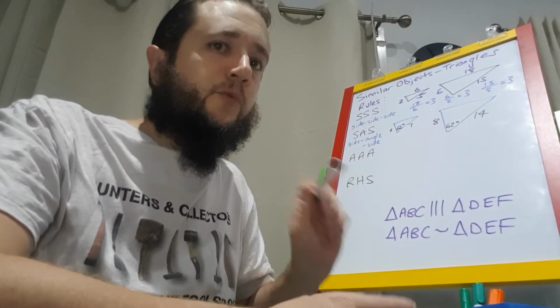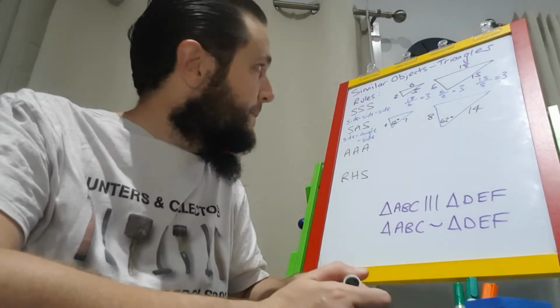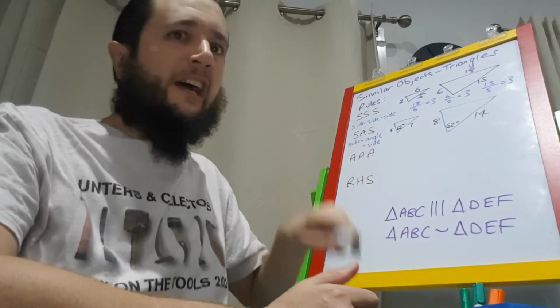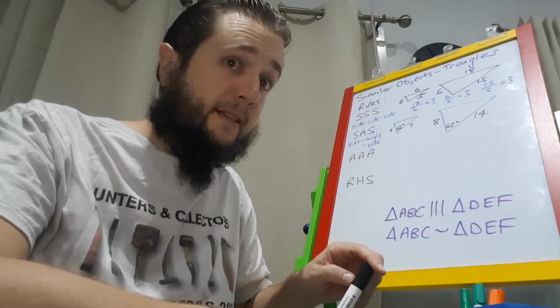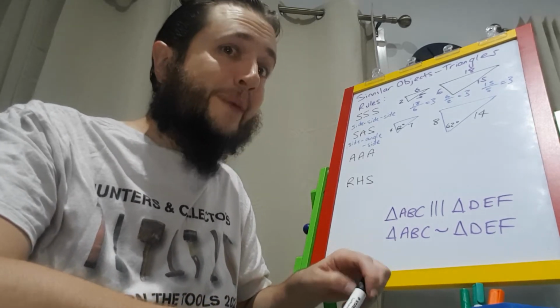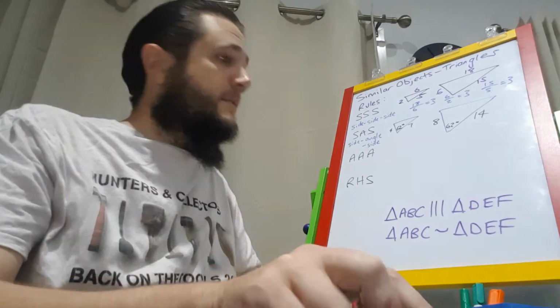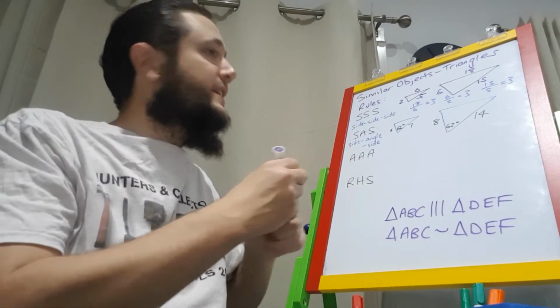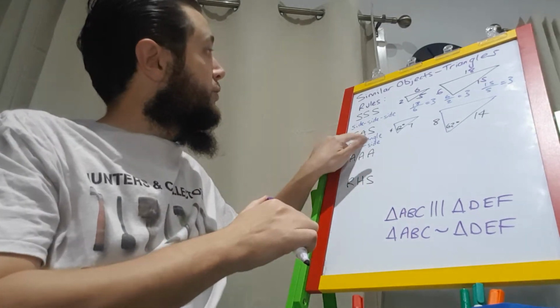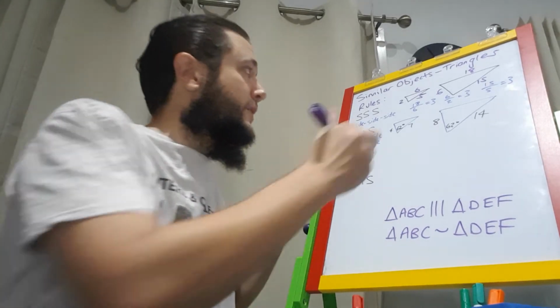Now the trick with this rule that you need to remember is that A is not by accident between the two S's there. It's meant to be read side, angle, side because the angle must be between the two sides you are comparing.